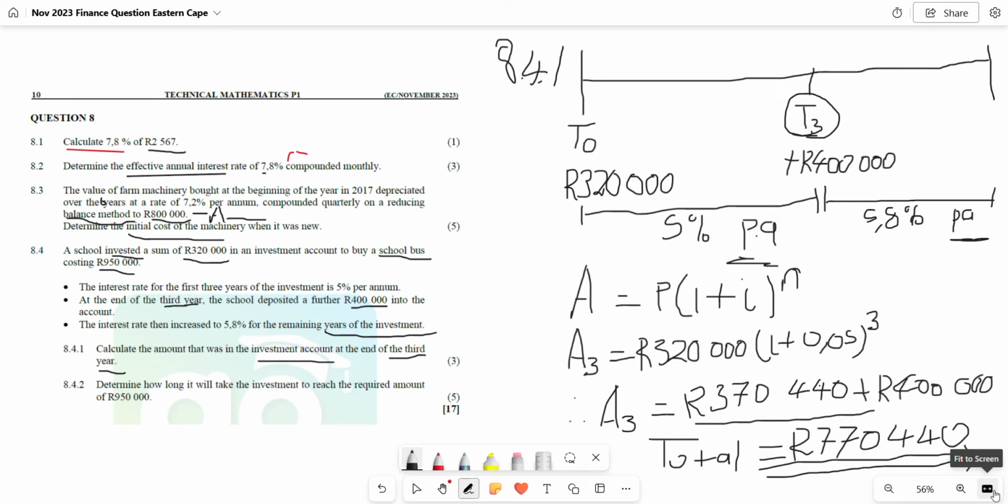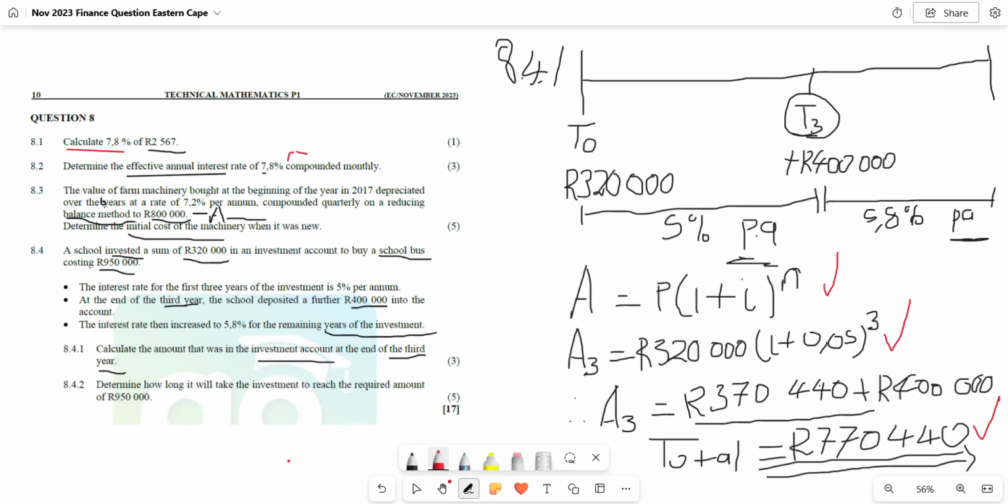Mark allocation there: 3 marks. How do we mark? 1 mark for choosing the right formula, 1 mark for correct substitution, and 1 mark for the final answer of 770,440 rands. That is the amount that will be there at T3.